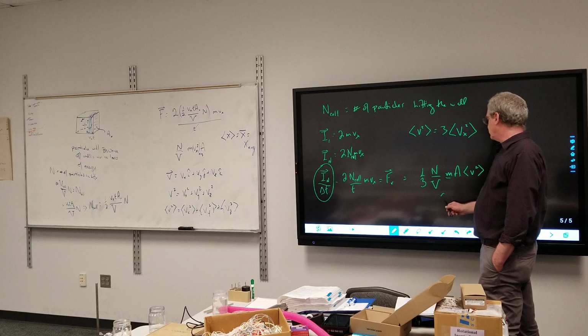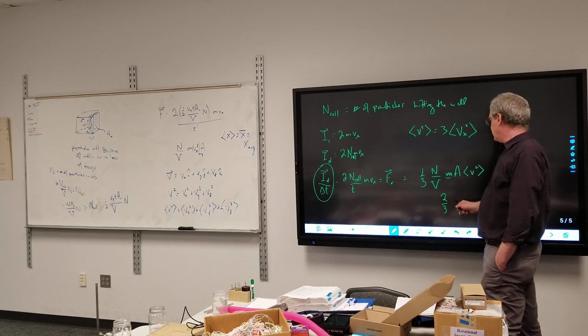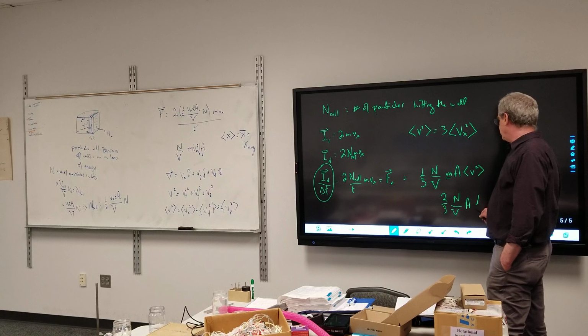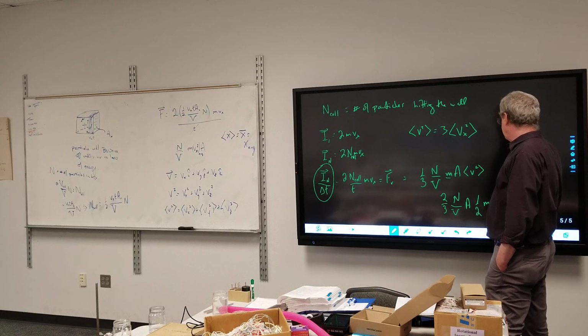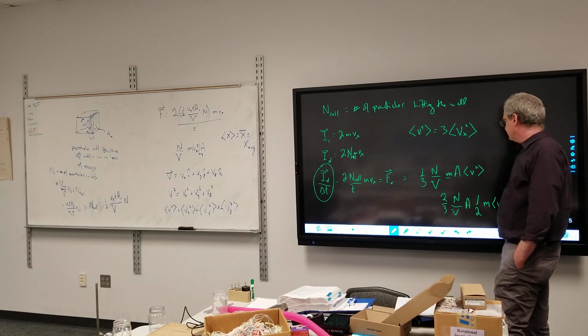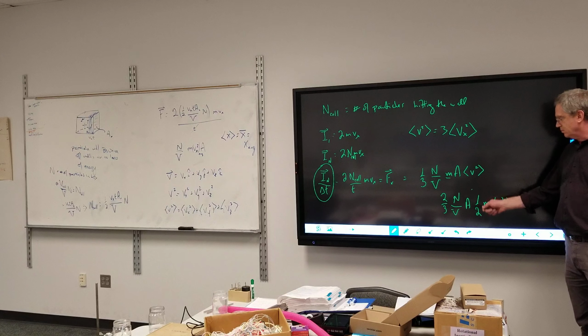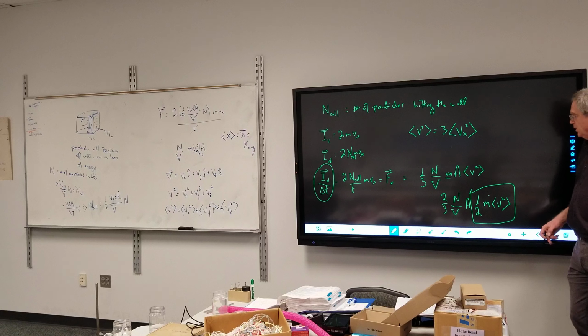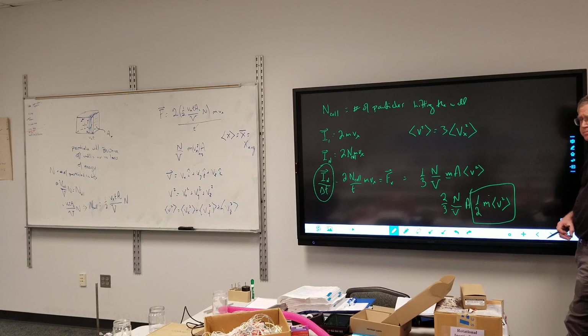I'm going to introduce the 2 right there: 2/3 N over V times A times 1/2 m V squared. So I multiply by 2 and 1/2. So what is this?